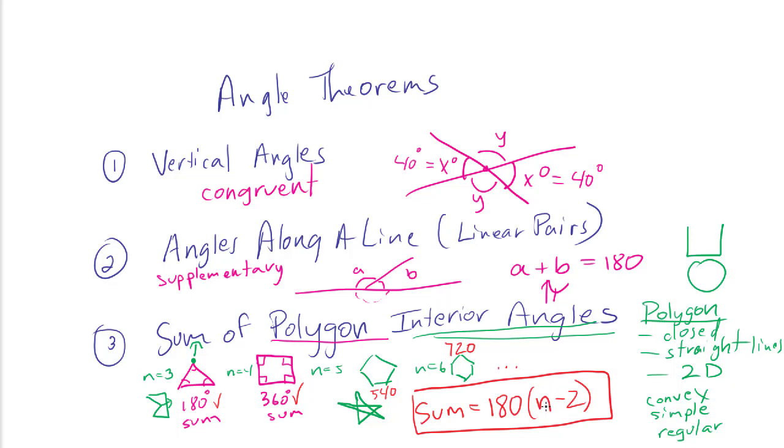I can also use this to calculate average interior angles, which, by the way, is the interior angle of every vertex or every angle on a regular polygon. And that would just be the sum divided by the count. So if I had 720 total interior angles on, say, a hexagon with 6 sides, I would divide that by 6, and I'd realize I'd have 120 degrees interior angle.